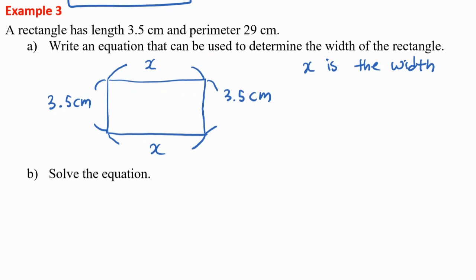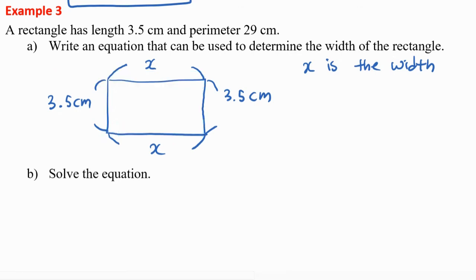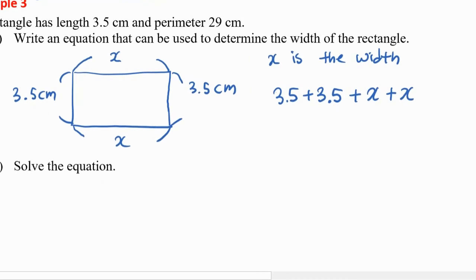That means when you add 3.5, x, and 3.5, and x, you get 29. Okay, let's add them up. 3.5 plus 3.5 plus x equals 29.